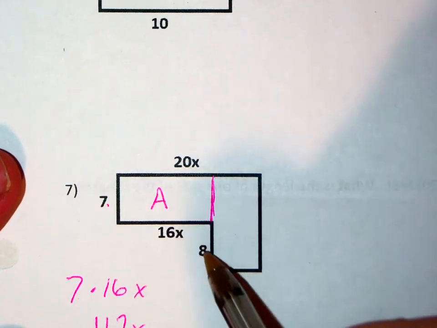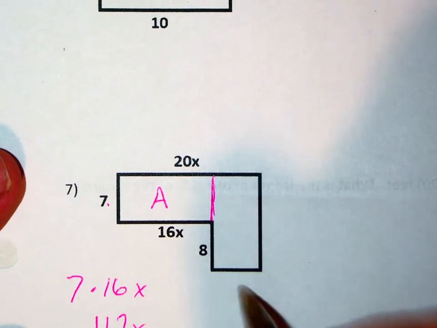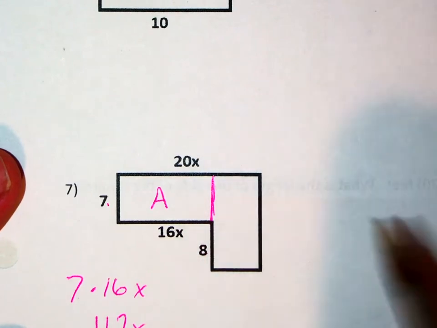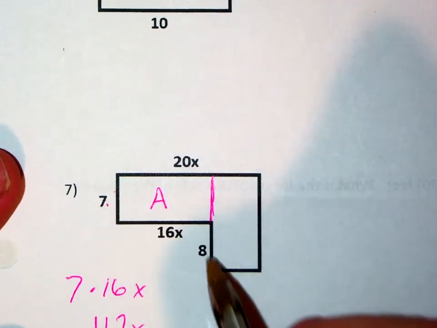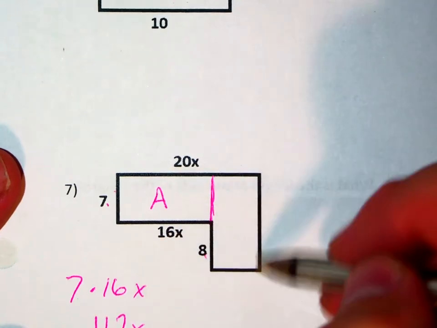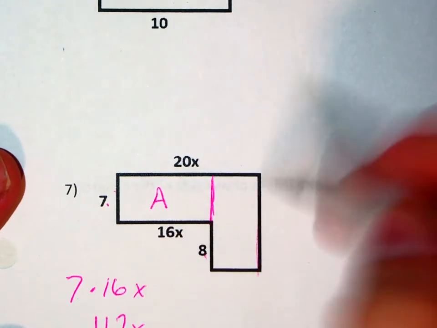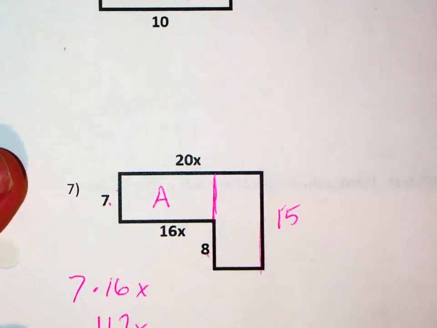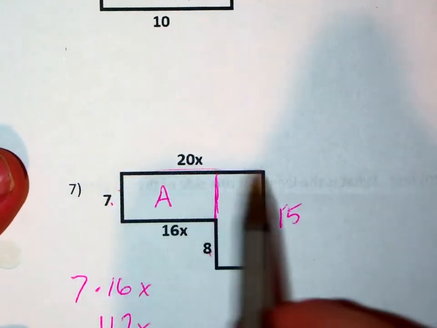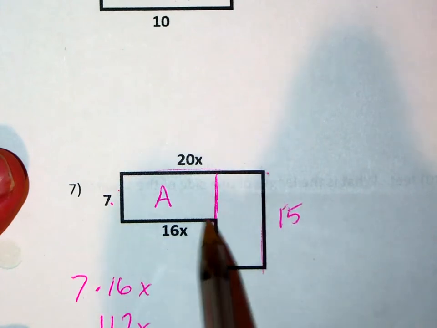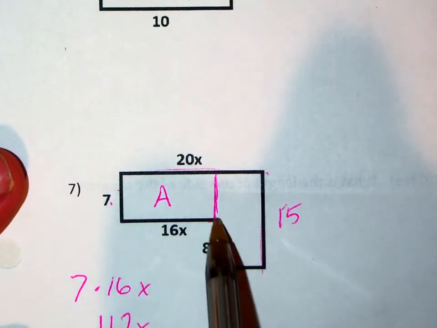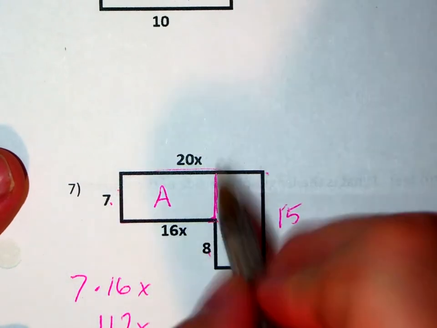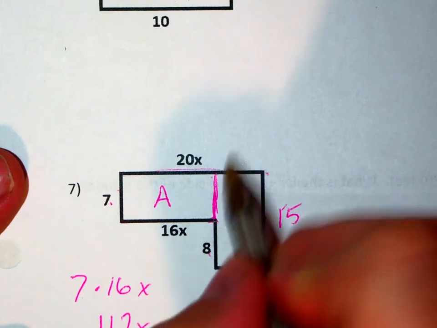And now we need to figure out what our other rectangle is consisted of. I have a 7 here and an 8 here, which adds up to be the entire length of this side over here, so that's 15. And I know my entire top is 20, minus 16x gets me to this mark here.